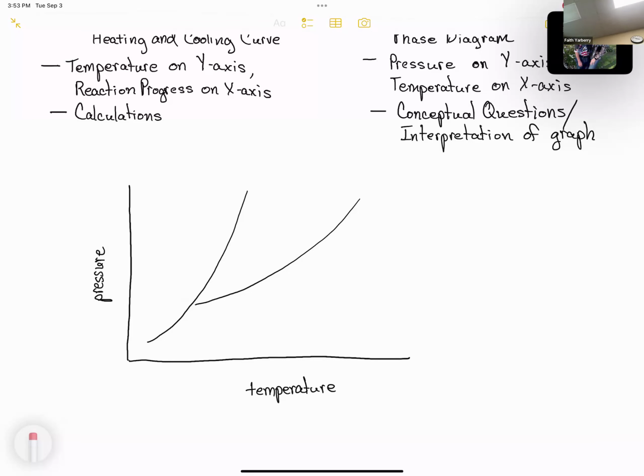Everything to the left of the first line is a solid. Everything between the two lines is in liquid phase. And everything to the right of that second line, or the outer line, is in gas phase.